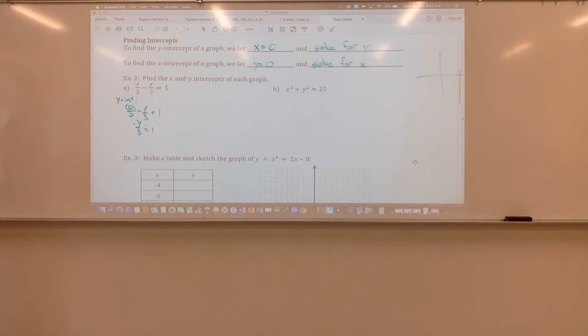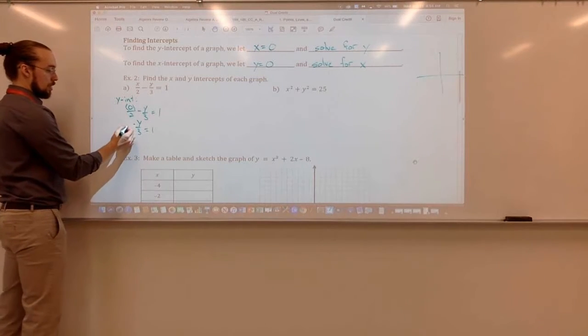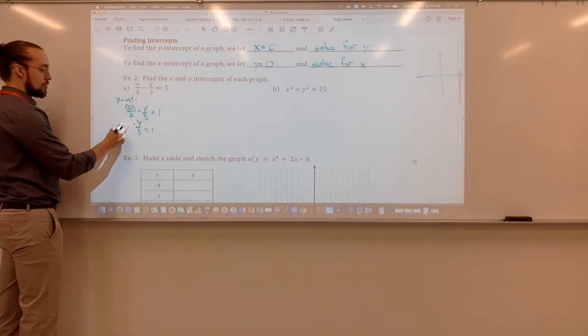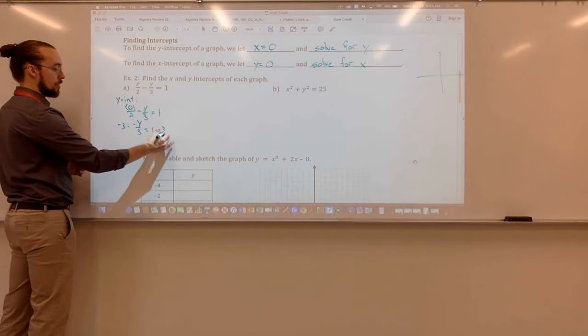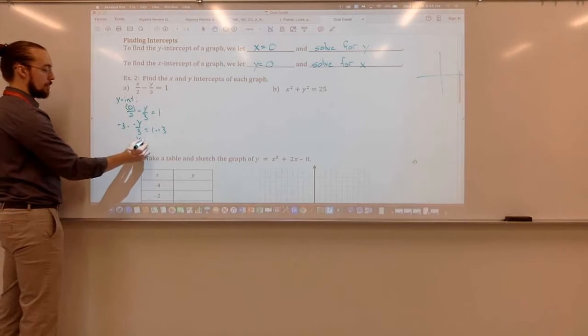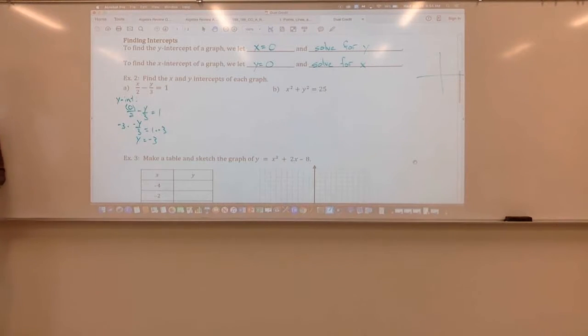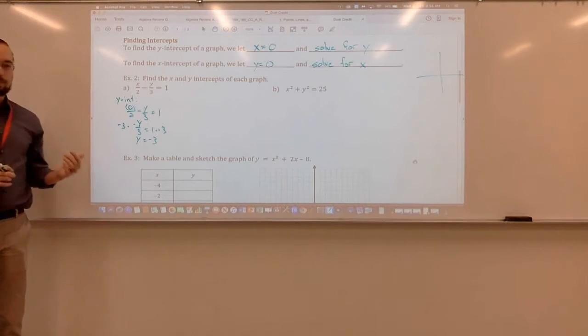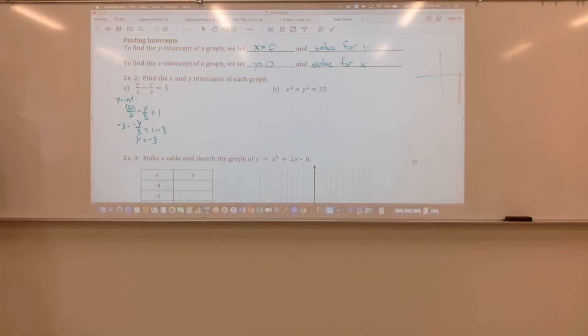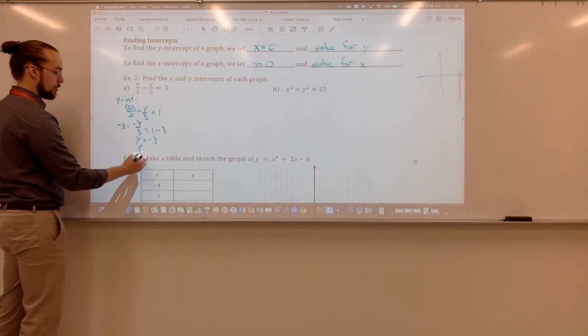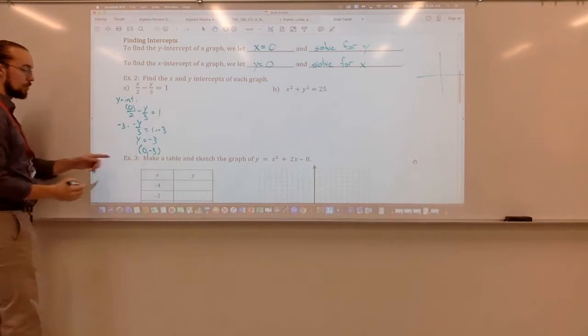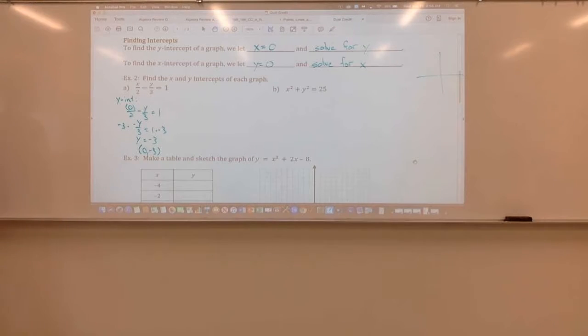To save us a step, we could multiply both sides by negative 3, and then we will have y by itself. We get y equals negative 3 for the y-intercept. So what would that coordinate point be? We just said our x is 0 here, so the y-intercept would be 0, negative 3.